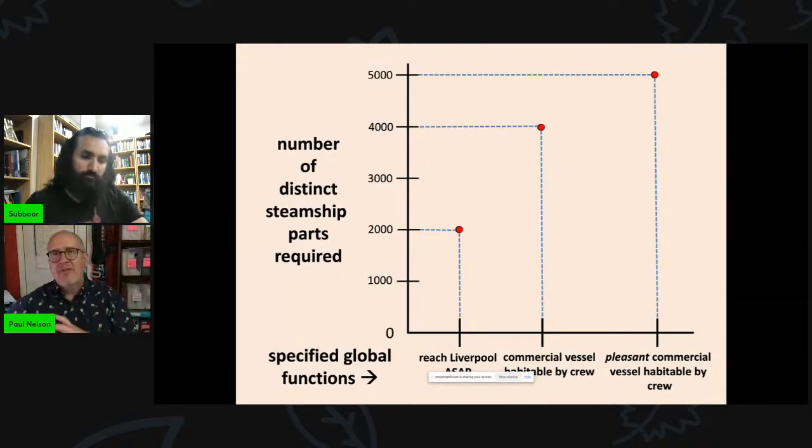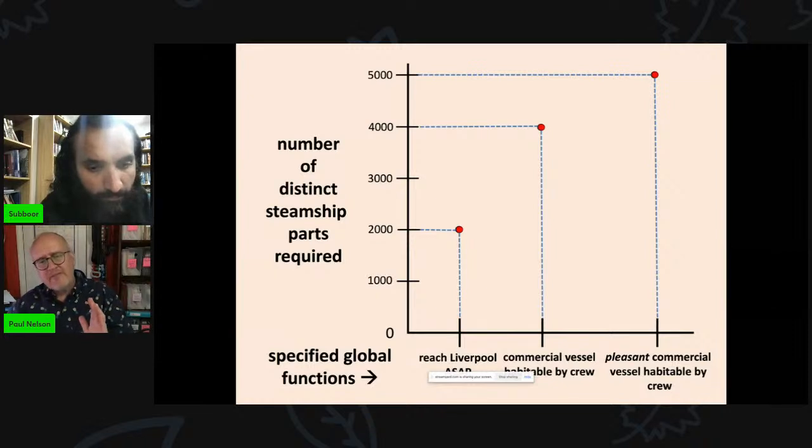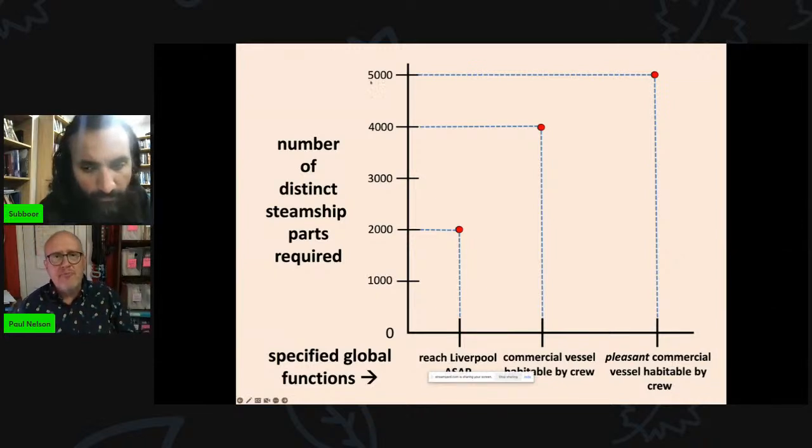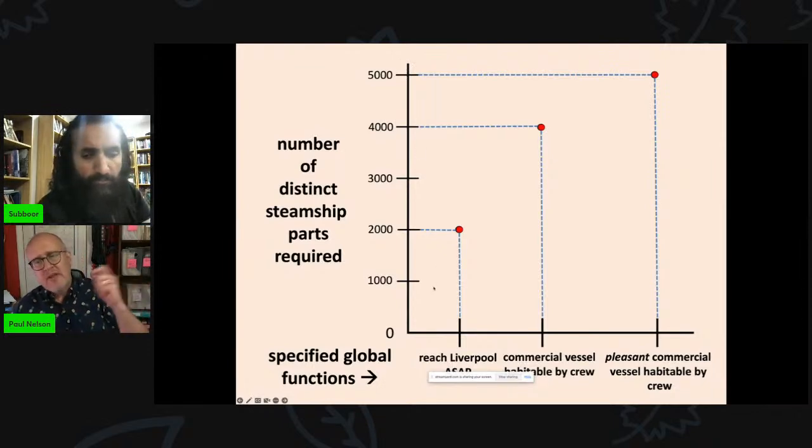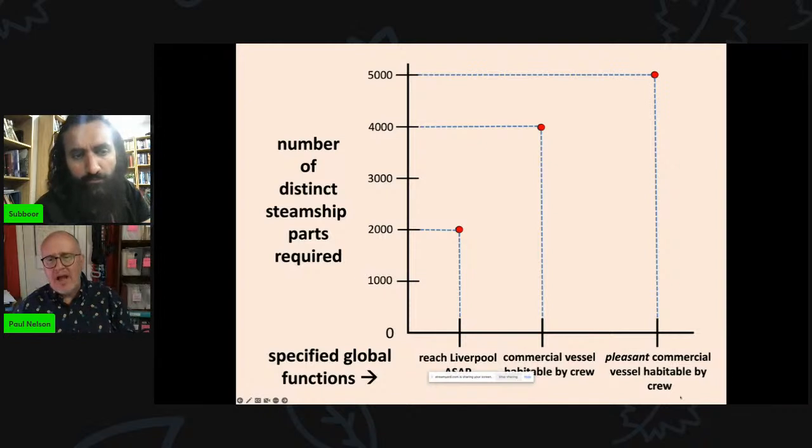Henrietta might go back there just because it's nice to have something like that, right? So as you change the specified global function, the number of parts required on the vertical axis goes up in direct relation to how you have described the global function here.